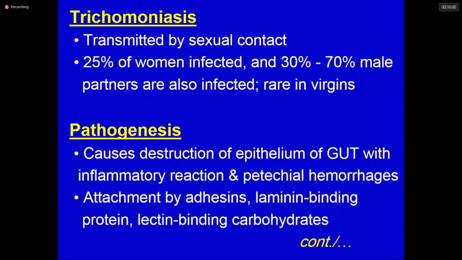However, this parasite is rare in virgins. So if you get a positive result from a woman, you should ask her to bring her husband for examination, because 30% to 70% of partners are also infected.